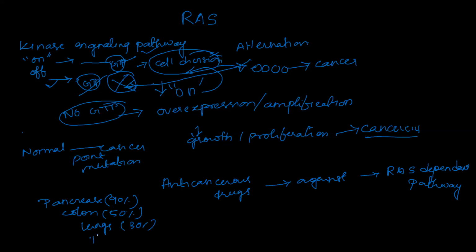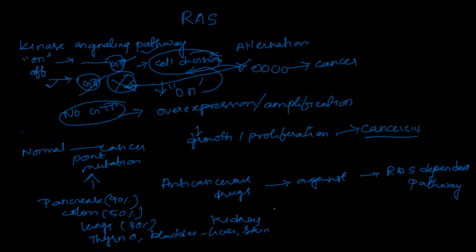Then you have thyroid, bladder cancer, then liver, skin, kidney. In most of these cases, you can see an elevated rise in the level of RAS gene.